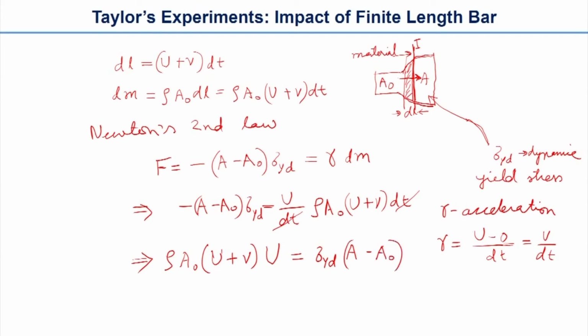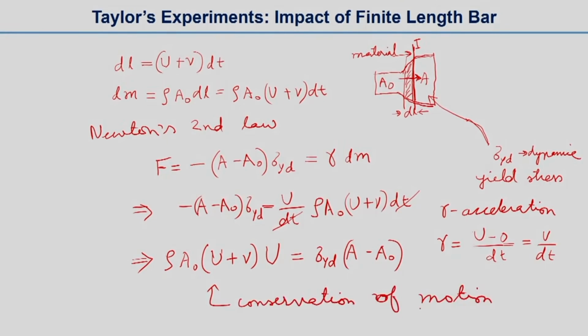Basically this is the conservation of momentum, sorry, this should be conservation of momentum, not motion. So now we have two relations with us. One is the conservation of mass, which we got initially, and the other is from conservation of momentum. We will combine these two to get a final expression.